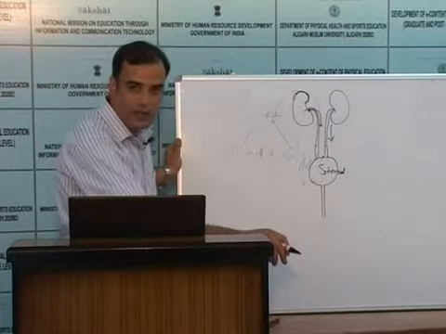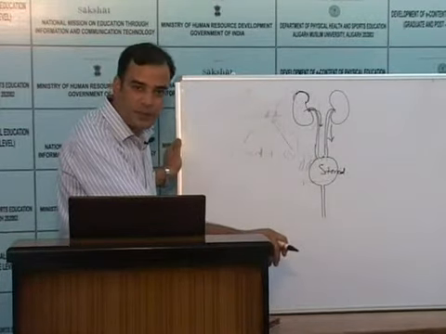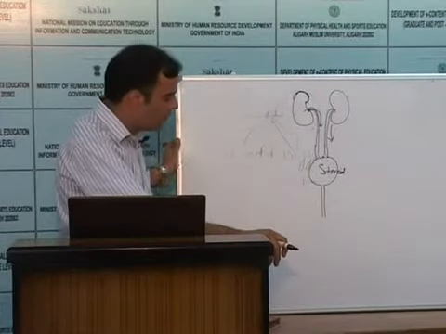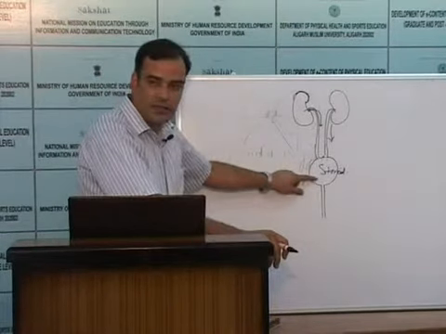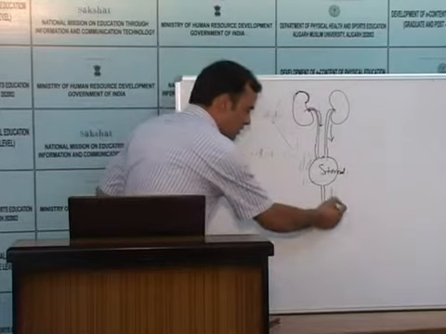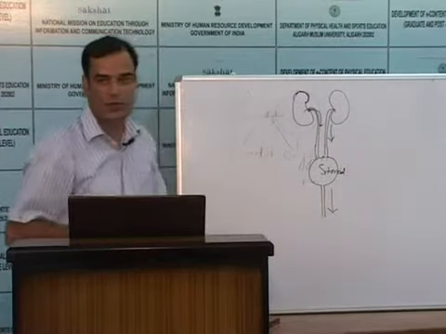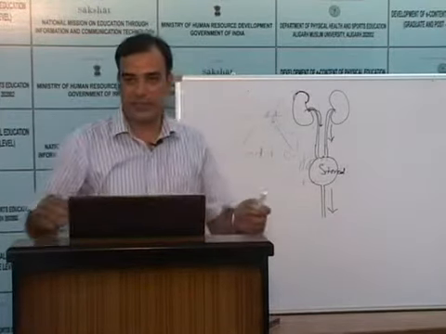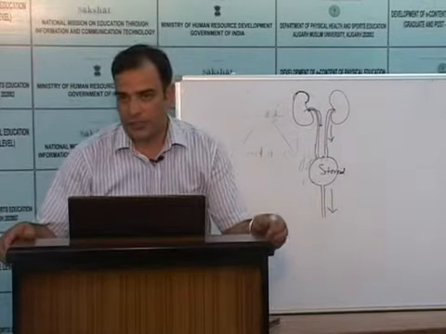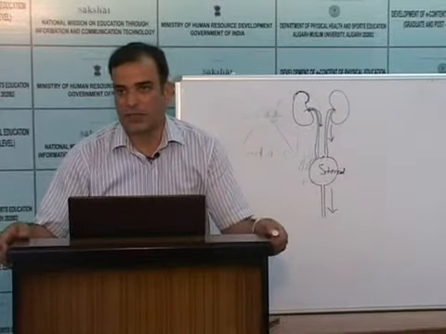And whenever it is feasible for us, or whenever this bladder gets full, urine is voided through this urethra. So this is the basic structure, the basic organs that are involved in the renal system.